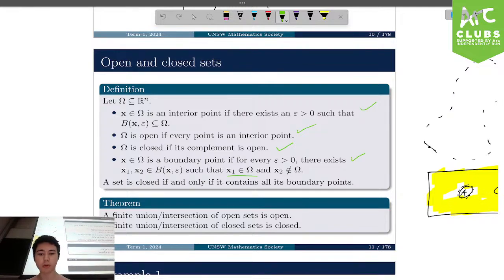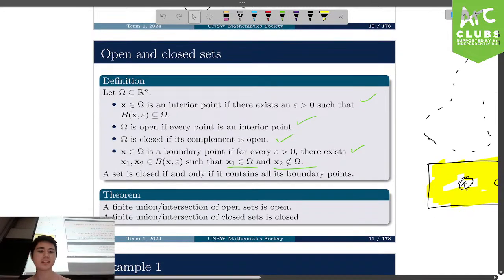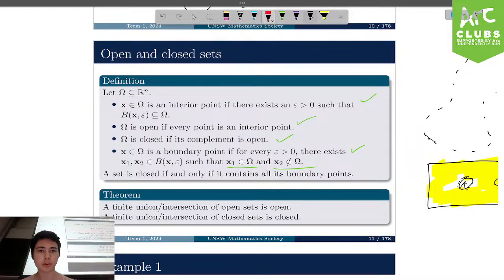Okay. We covered boundary points because we are making the distinction that within any size ball, there exist two points in that ball where one is inside the set and one is outside the set. So I'll just draw an extra circle here: any point on the boundary, there's some part that's inside, some part that's outside.